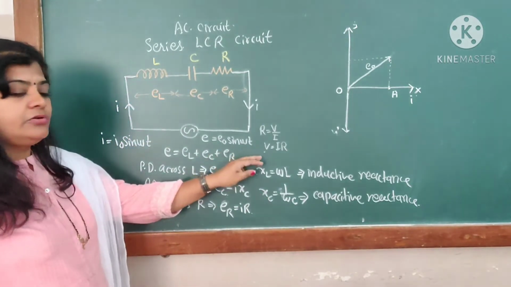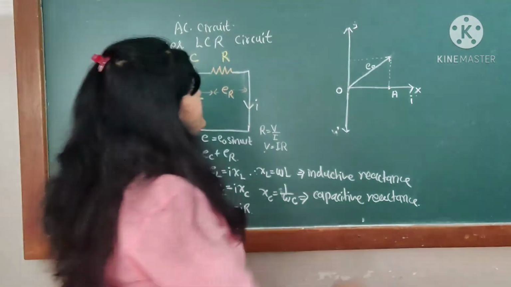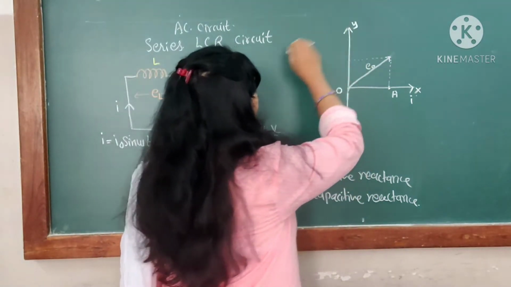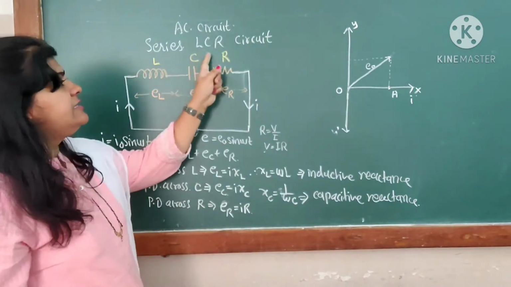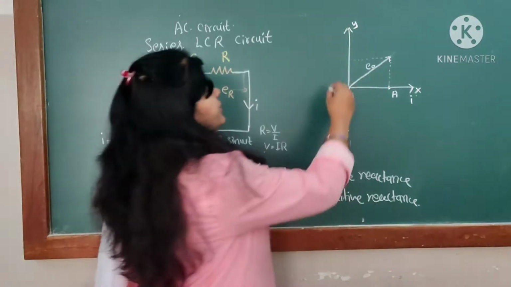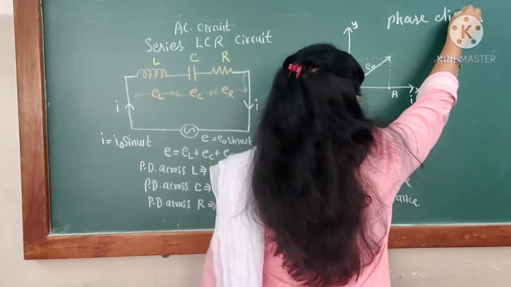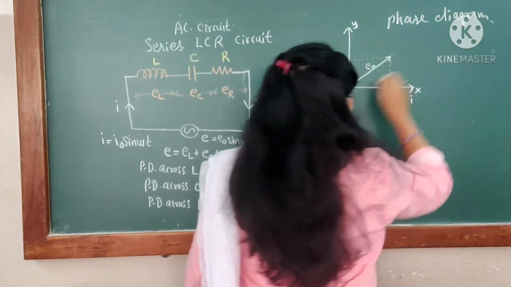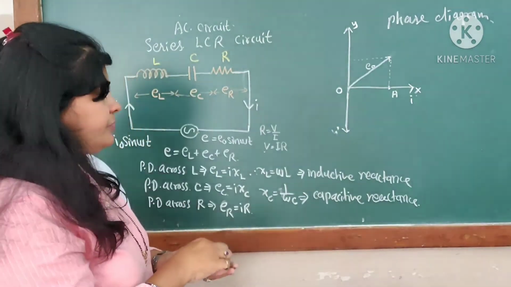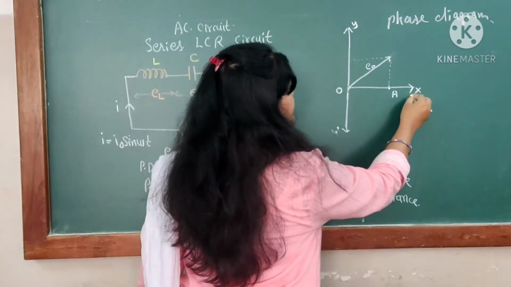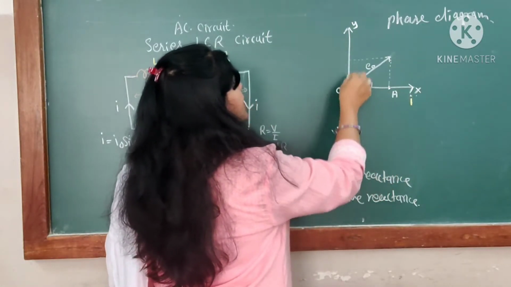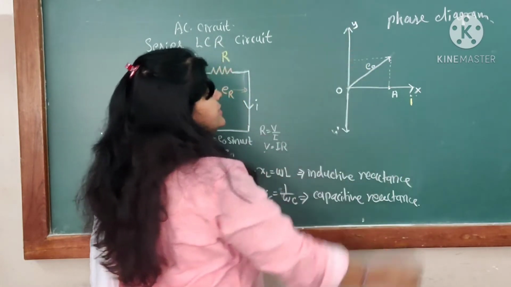Now we draw the phase diagram of this complete series LCR circuit. In the phase diagram, we draw the current I along the x-axis, and along the y-axis we take the EMF.